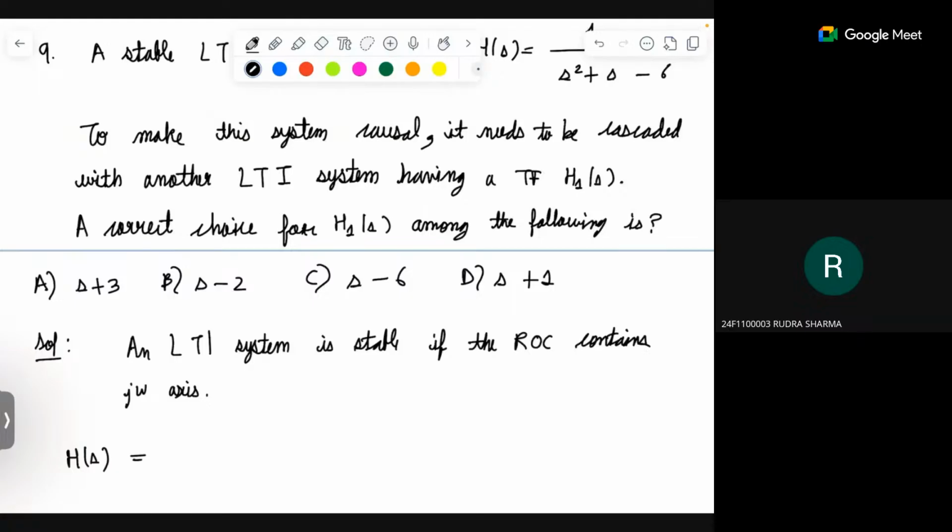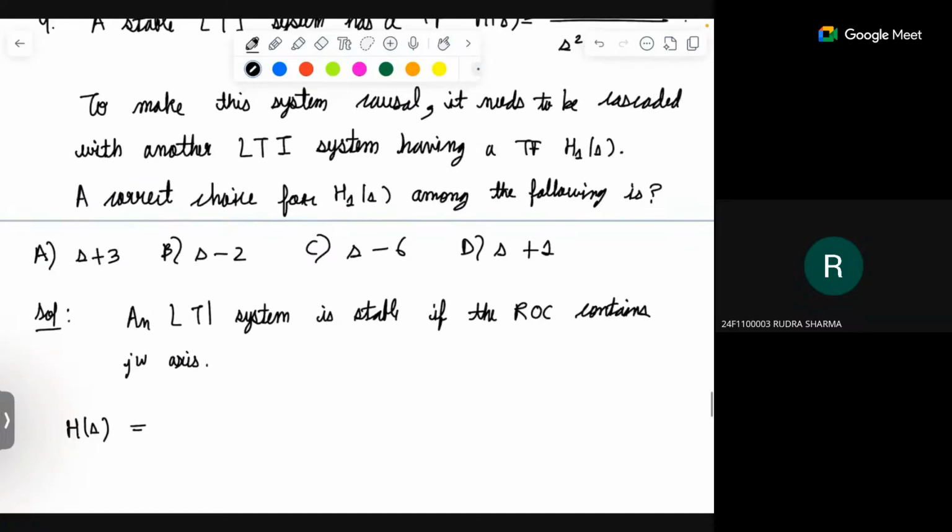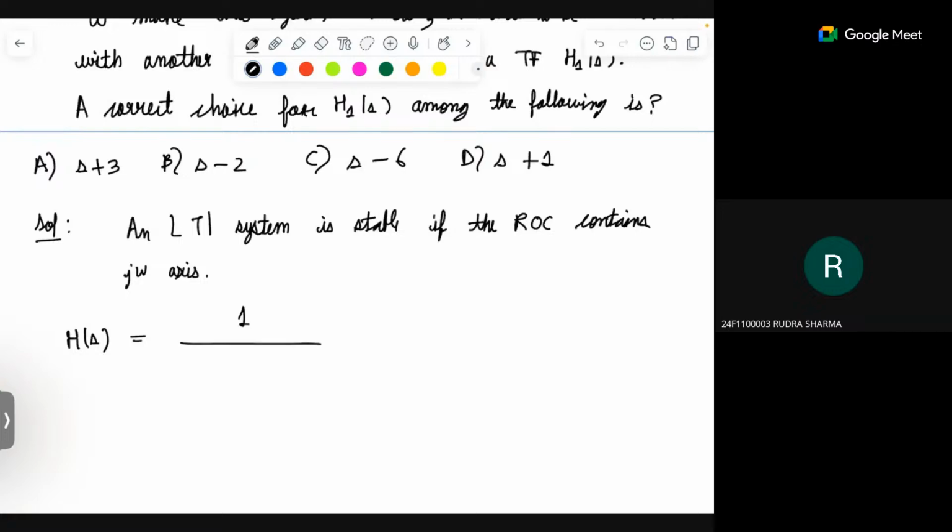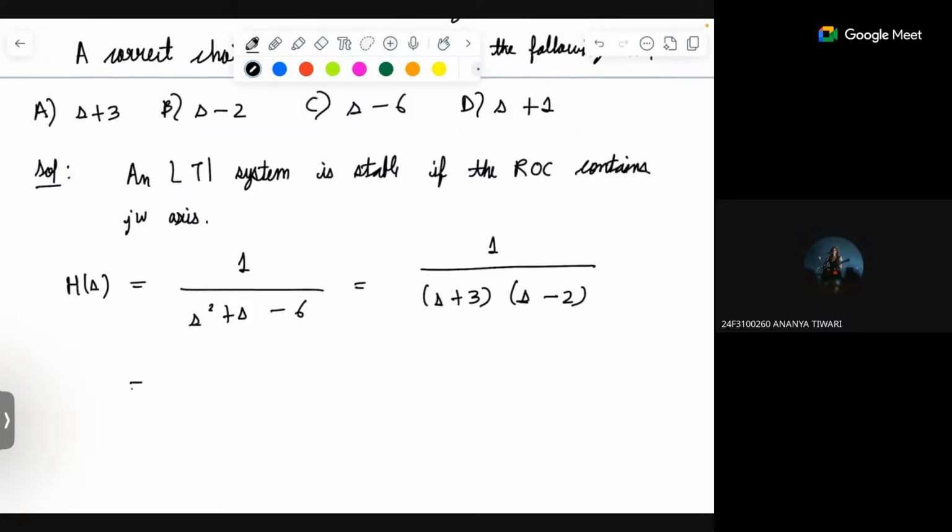Let us take this expression for H of s, which is 1 upon s square plus s minus 6. If we factorize, we will get 1 upon s plus 3 into s minus 2. Are you able to see this? Yes, ma'am. Let us again do the partial fractions.